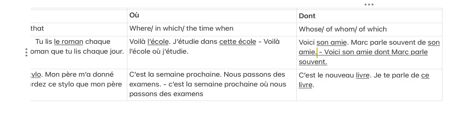So when we come across such examples, it is safe to use the simple relative pronoun dont. Let's have a look at another example.